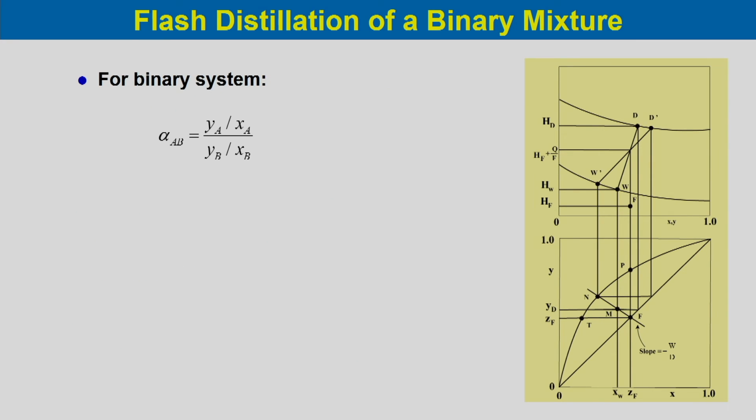Now, for a binary system, as we have already discussed, alpha AB would be equal to YA by XA divided by YB by XB. So, XB would be equal to 1 minus XA and YB would be equal to 1 minus YA.